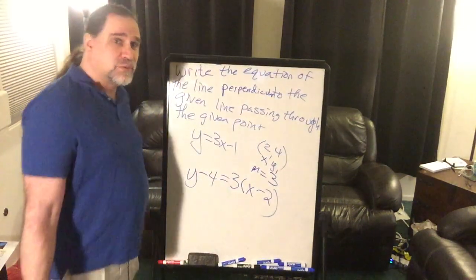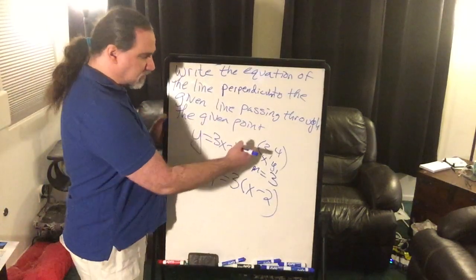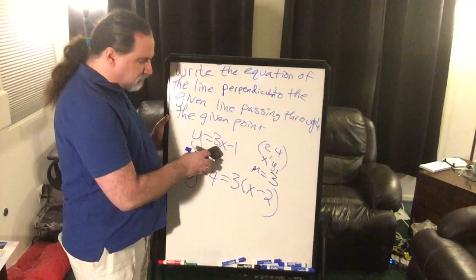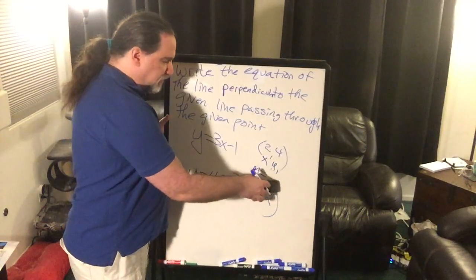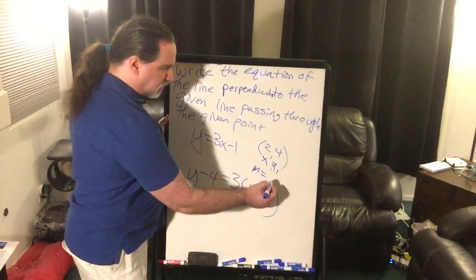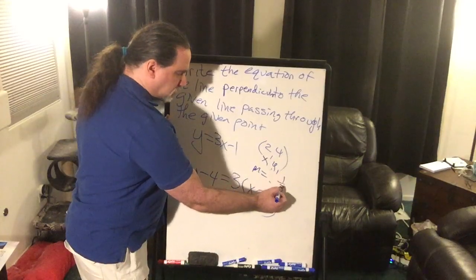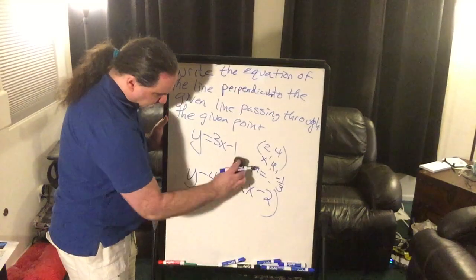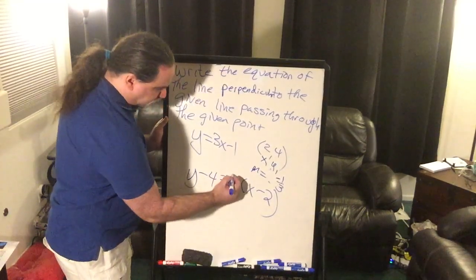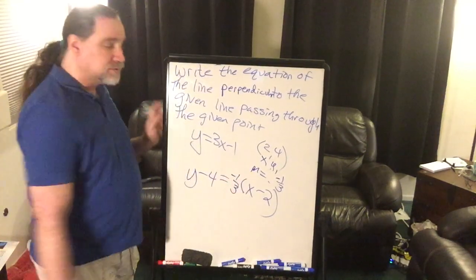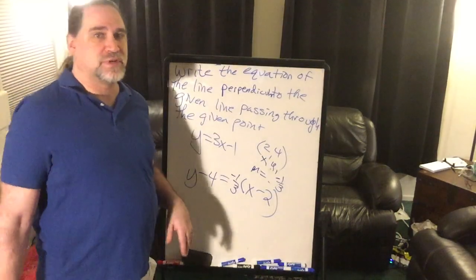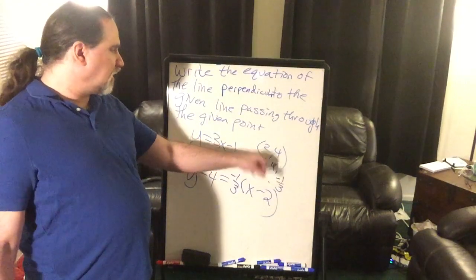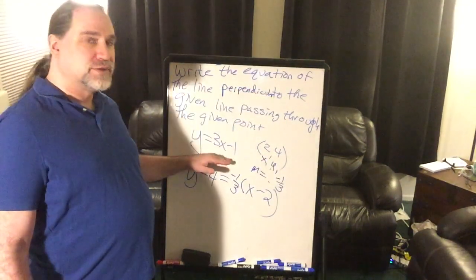So the only thing that would change here is, I'd still have my x1 and my y1, but instead of me just grabbing the 3, I would grab the negative reciprocal of 3, which would be negative 1/3. So this 3 right here becomes negative 1/3. And now I have an equation written in point-slope form of a line passing through a given point that is perpendicular to the given line.